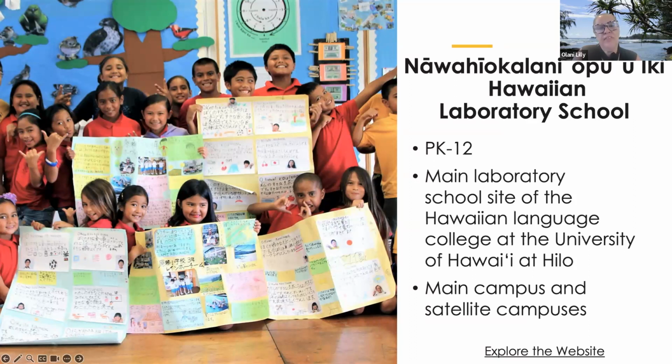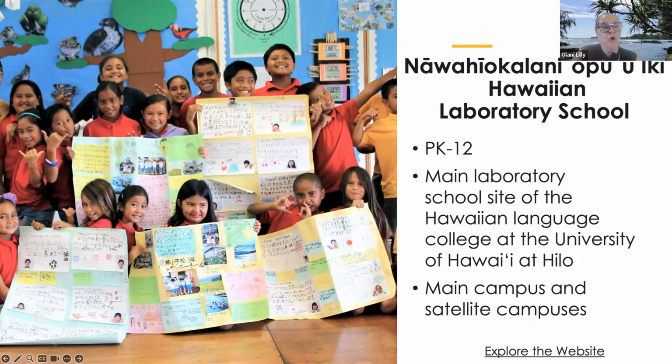And so the high school is connected to Hilo High School. That gives the students the ability to access sports and extracurricular activities, but because they are connected to the university, they are also automatically receiving dual credit for a variety of Hawaiian language courses through the university.